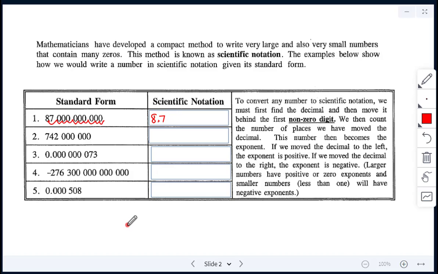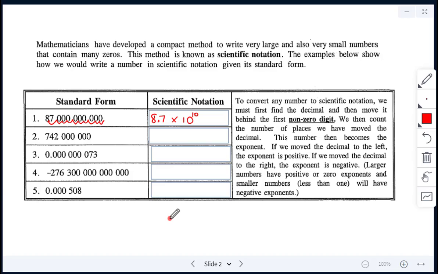Now, keeping note of how many decimal places we moved, we're going to multiply that by 10 to the power of 10. This exponent is how many decimal places we moved. That number becomes the exponent.